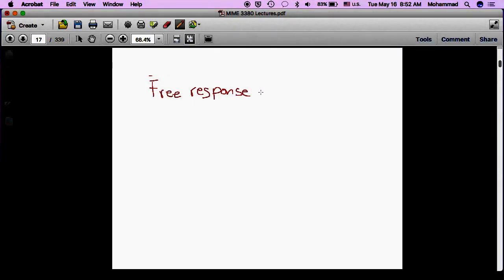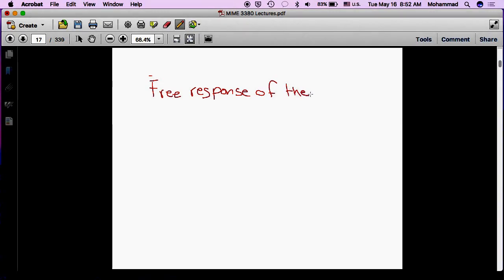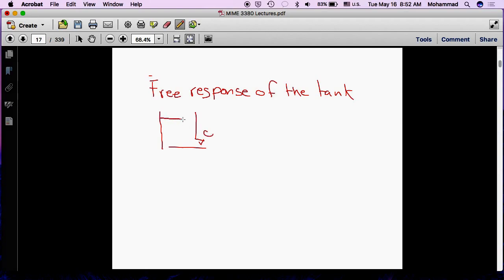So we are after the free response of the tank system, which essentially means you have the tank, with cross-section area A, and it initially has some fluid in it.